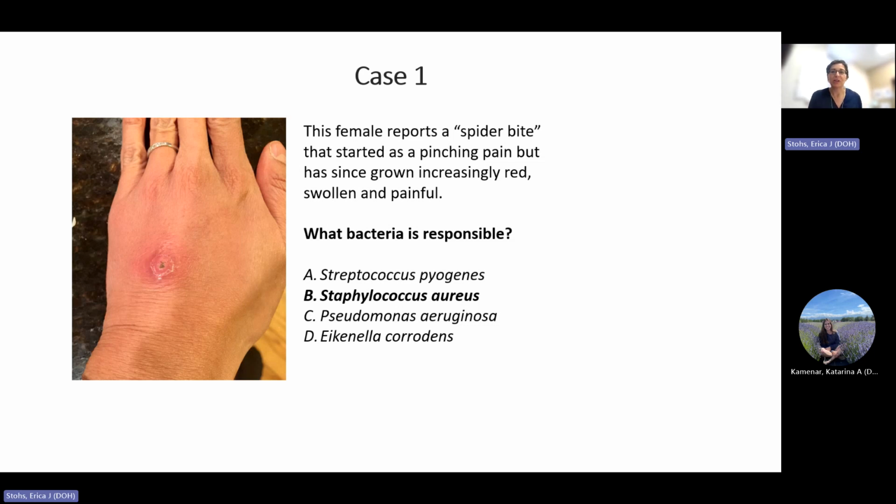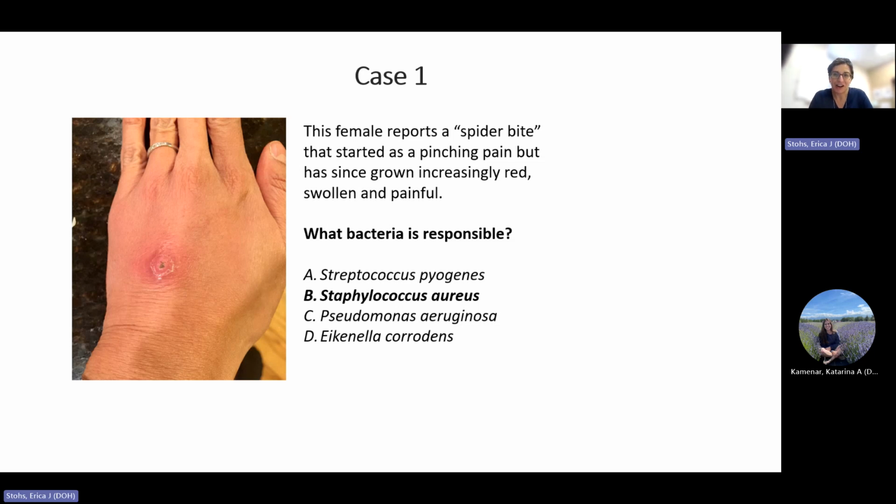This female reports a quote-unquote spider bite that started as a pinching pain, but now has grown increasingly red, swollen, and painful. What bacteria is responsible? As you can see here, Staphylococcus aureus is the number one culprit for pus-producing skin and soft tissue infections or abscesses.